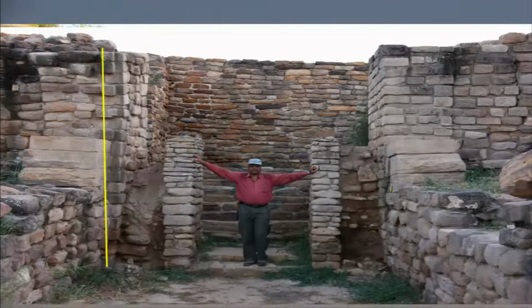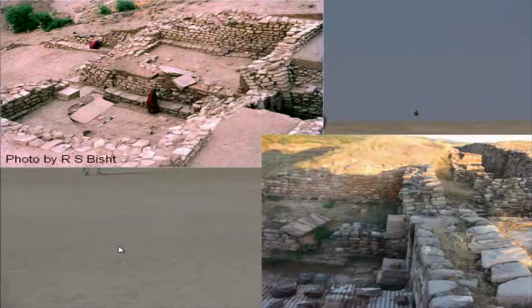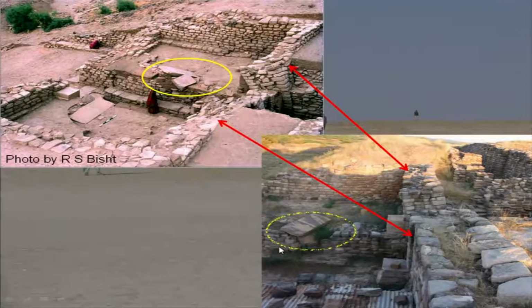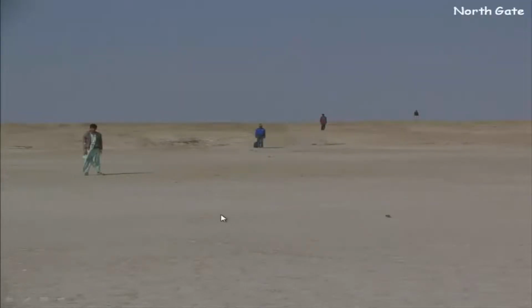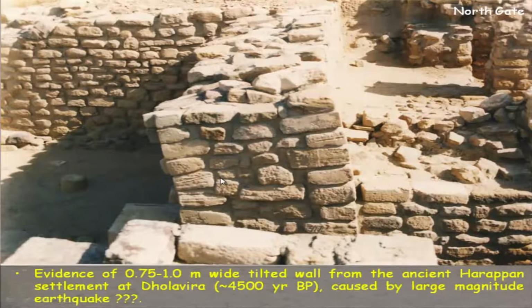Again, we see some very clear examples of tilting of walls, with an offset of walls seen during excavation. So again, another example of the tilting of a wall in that area. This is a clear example of strong ground shaking.